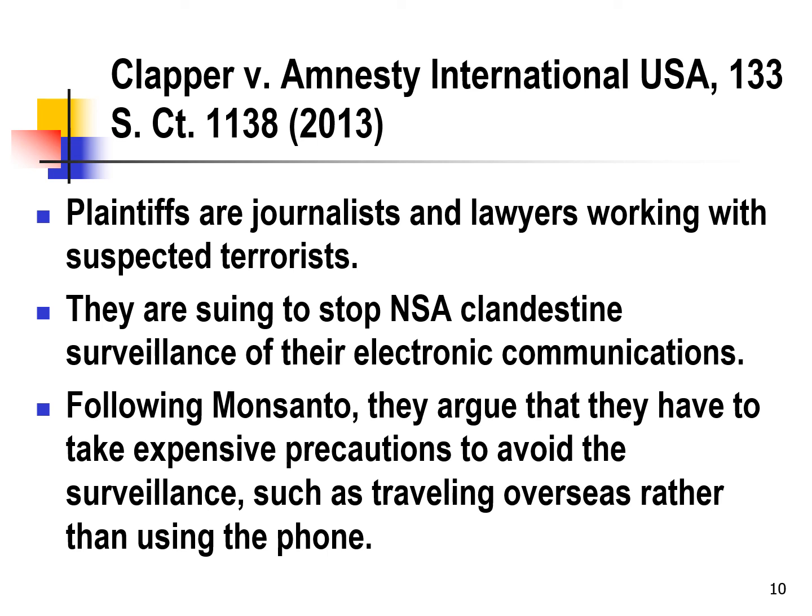However, in 2013, the Clapper case comes along. This is a national security case, and it's always difficult to see these as precedent because there is so much deference to the government in national security cases. But Clapper is a classic chain of causation problem. Plaintiffs are journalists and lawyers working with suspected terrorists.